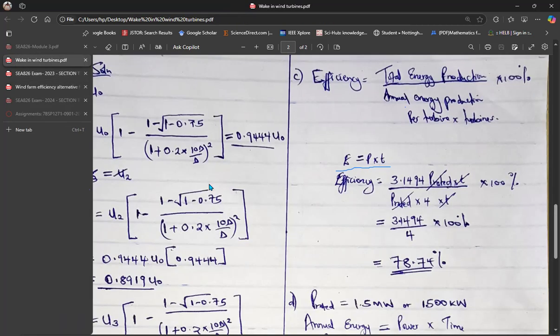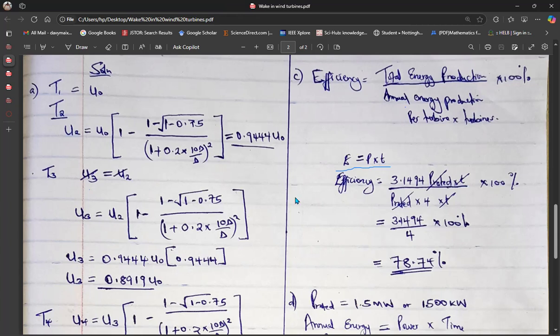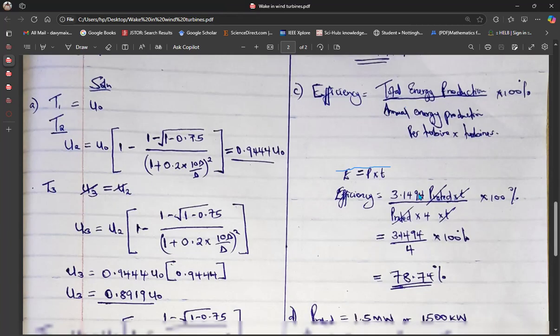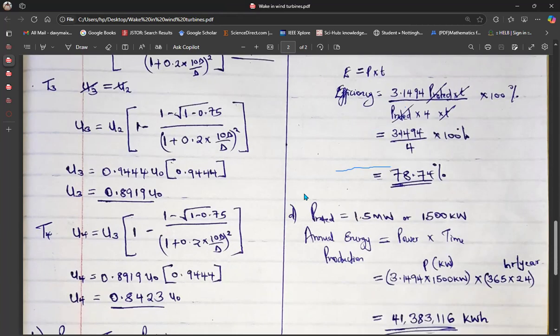This is very simple because we already have the annual energy production being 3.1494 P rated. The only part that remains is to substitute the values. The P rated is given in megawatts, but I prefer we change it to kilowatts, so we multiply it by 1,000.